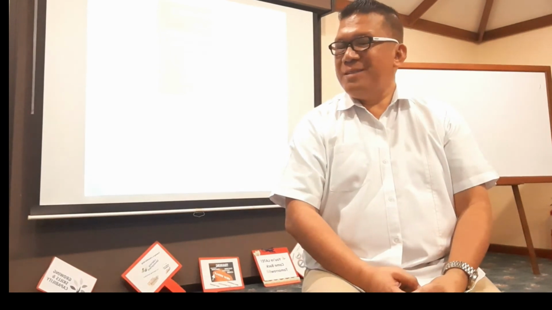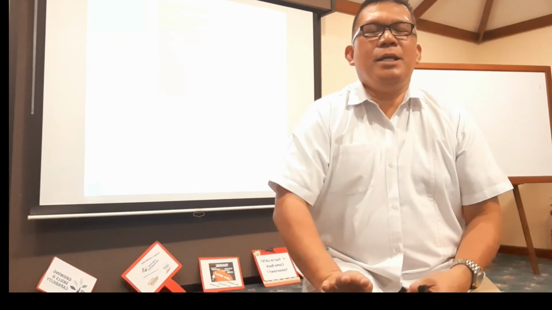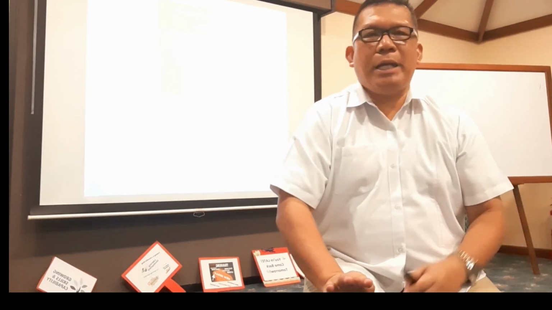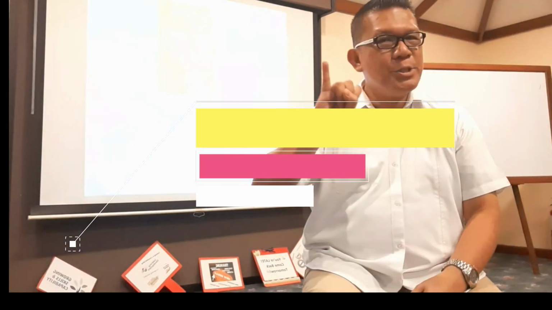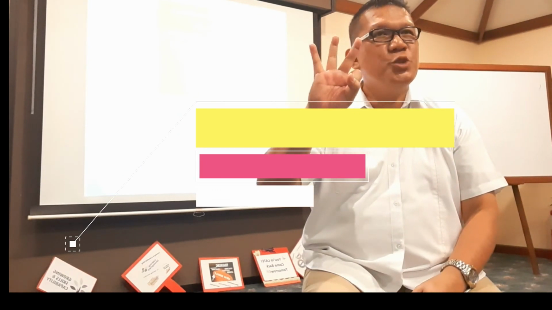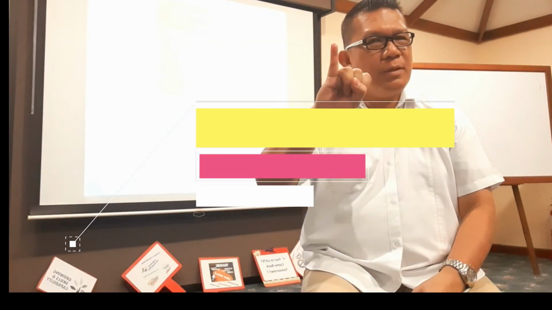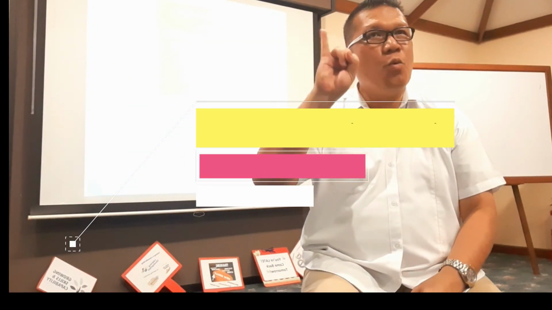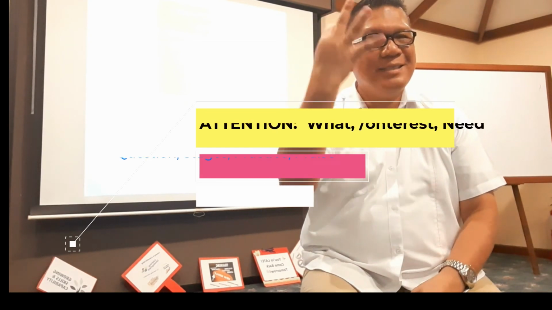So, let me recap. The ABCs of on-the-job training. A means attention. B means breakdown. C means check. So what's in the attention? There is the what, the interest, and the need.